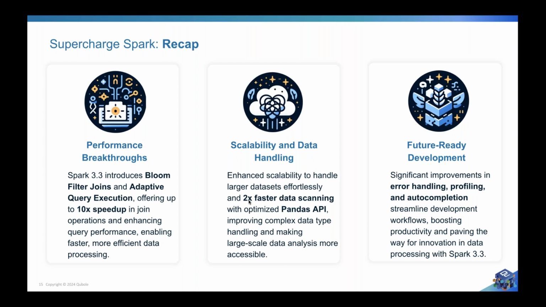All of them add up to speed, and you can observe about 2x faster when you are handling that data in the latest Spark 3.3. And there are a couple of others like error handling, profiling, and auto completion, which are part of the notebook ecosystem and help your productivity.